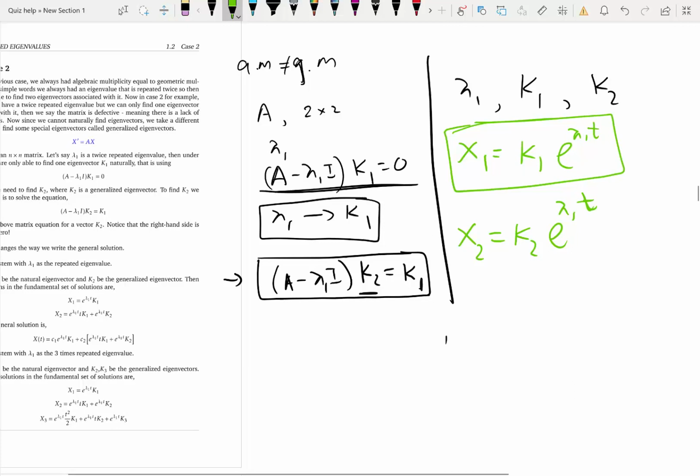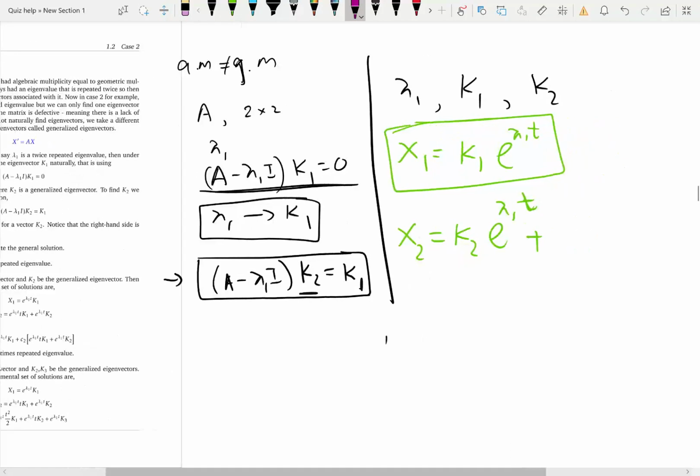But not only this, plus, and this is the important part, you write the previous solution from the fundamental set of solutions. The previous one means the one that was associated with the same repeated eigenvalue, okay? So this is within the repeated eigenvalues.